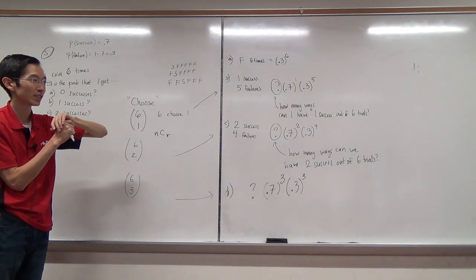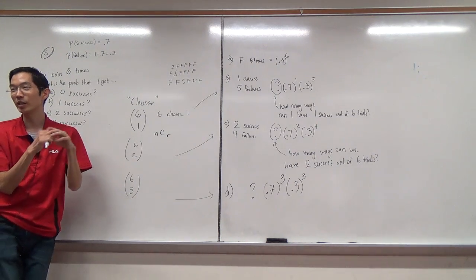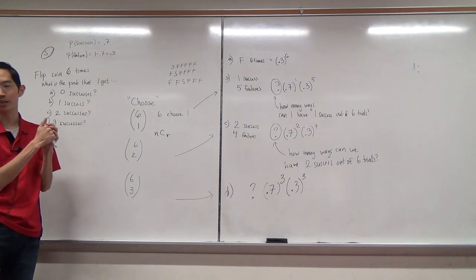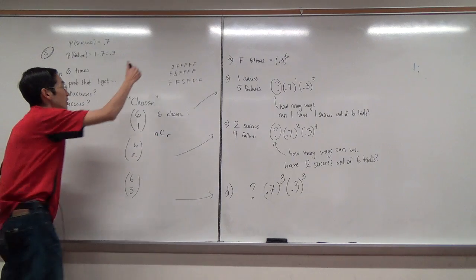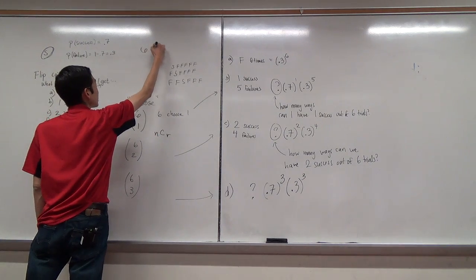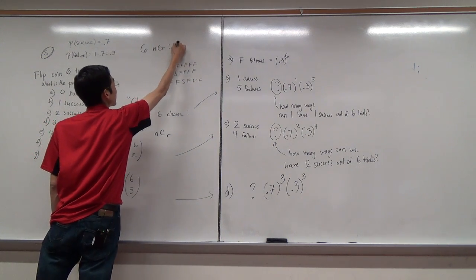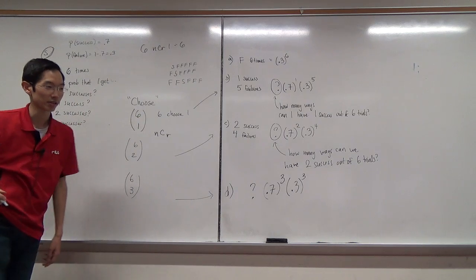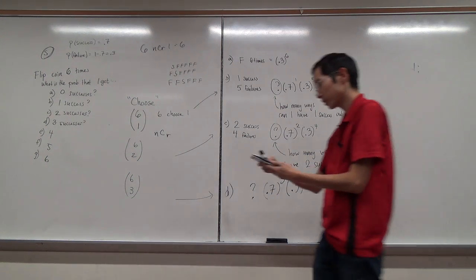If you have a regular one, you might have a PRB button somewhere on there, and then you can use your up, down, left, right arrow keys to find NCR. You would enter this as 6 NCR 1, and when you hit enter, it'll tell you 6. And I think if you do 6 NCR 2, it'll tell you 15, right?